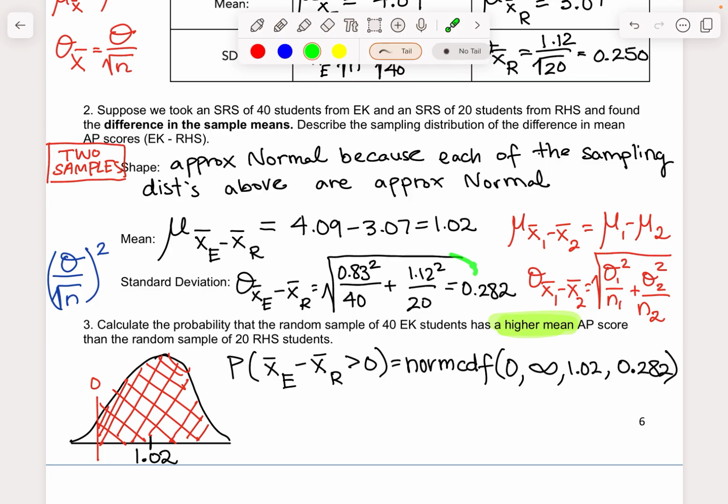Okay, we calculate the standard deviation here. And we end up with 0.9999. It's almost 100%. It's almost a certainty that any given two samples will have a higher sample mean for the EK students than for the RHS students.